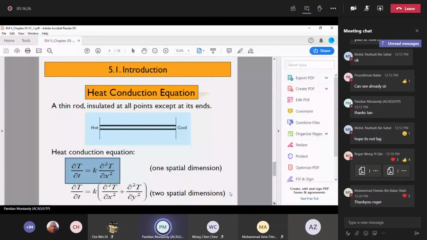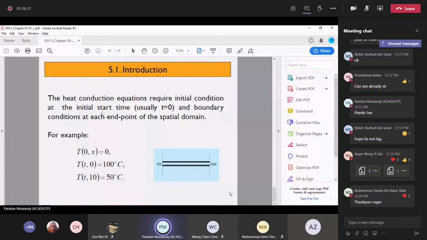Now we are given the values. You see in this introduction example, the same problem: the heat conduction equation, left-hand side hot, right-hand side cool. The heat conduction equation requires, number one, an initial condition.